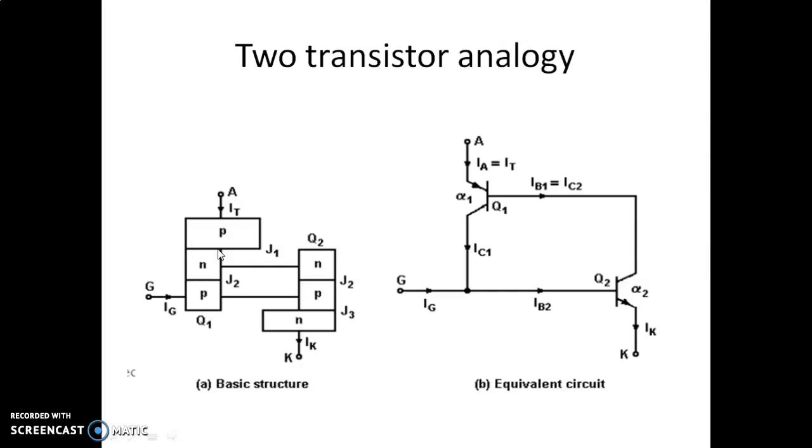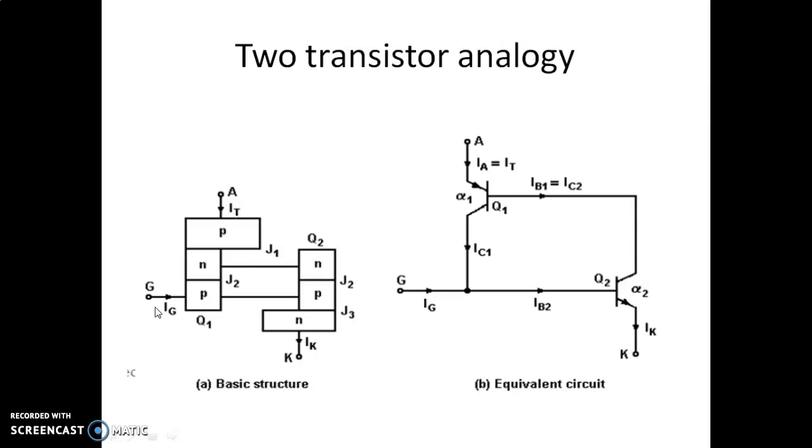That is, the junctions J1 and J2 constitute one transistor, a PNP transistor, that is named Q1. The second, NPN, the junctions J2 and J3, constitute another transistor, that is named Q2. As you can see, the anode, which is connected to the upper P region, the current is IT.